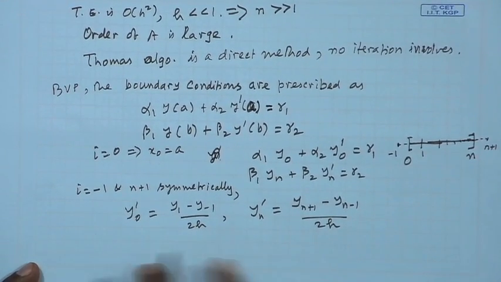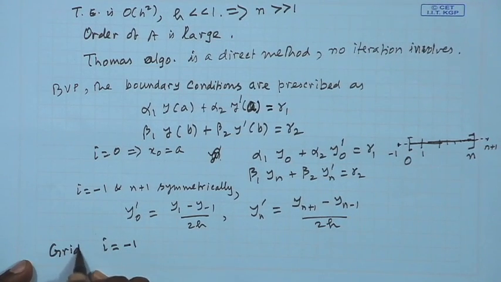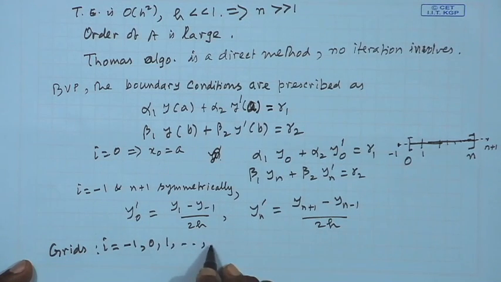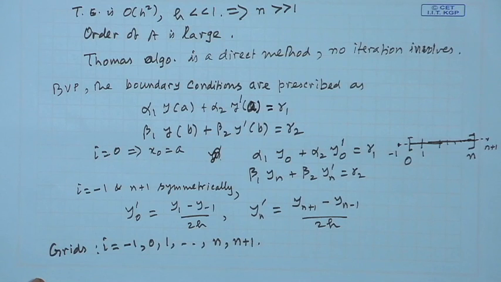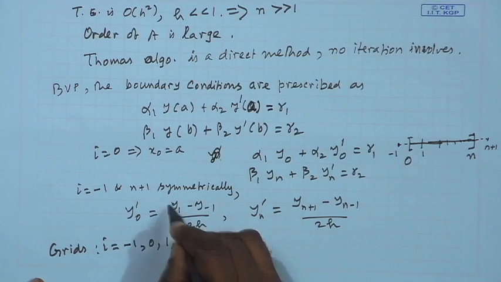So, our grids are now i equal to minus 1, 0, 1, etc., n plus 1. So, we have n plus 3 grid points, and also the equations we have is this.